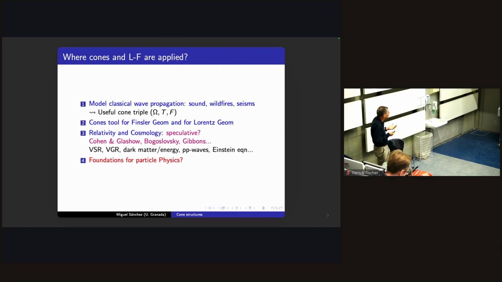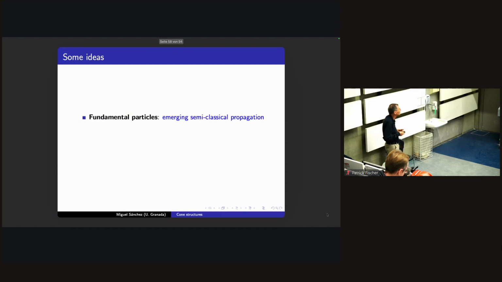But what we are interested in here in this meeting is more the foundations of physics, and so more fundamental, taking into account particle physics. And so in principle, from my viewpoint, for fundamental particles, at the end, we will have an emerging semi-classical propagation. As I have mentioned, then we will have cones which will work as an effective theory, and that should emerge in some sense from the theory.